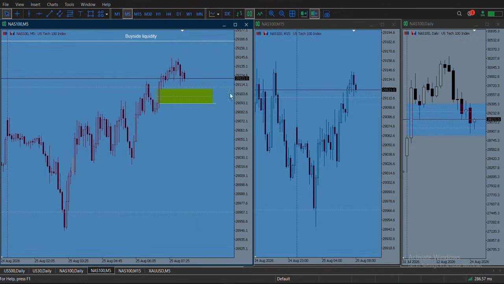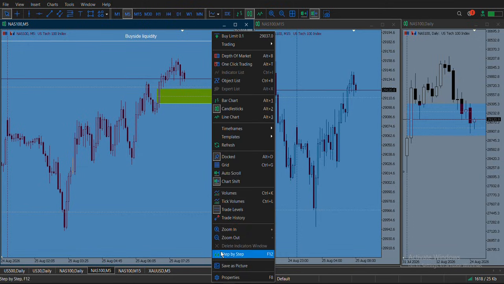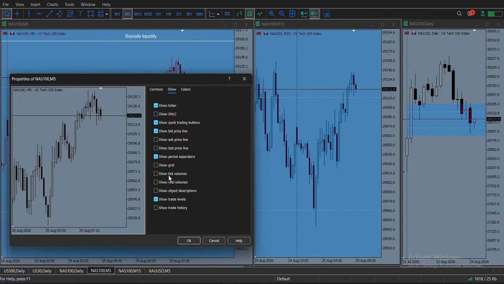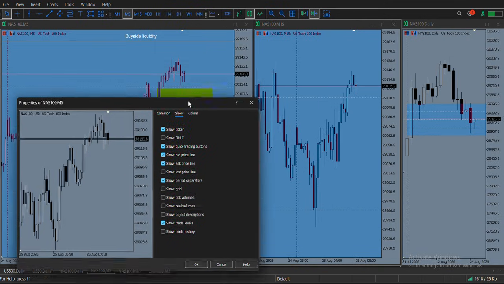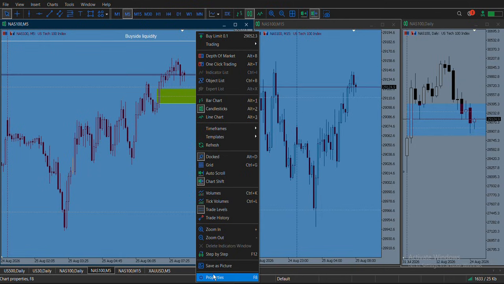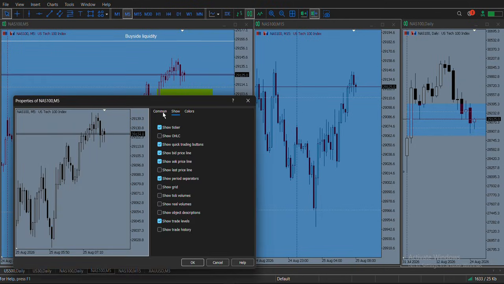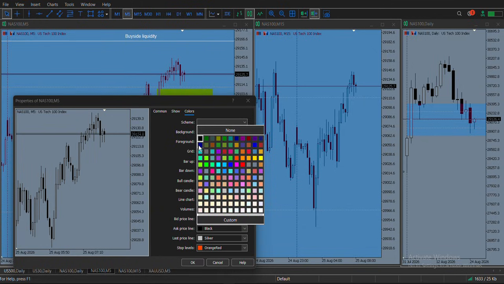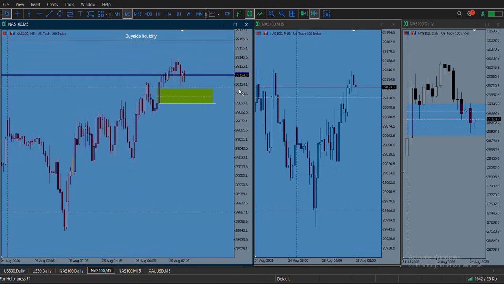We're trading at 117 now. I want to look at the spread here. Let's look at show, bid, and ask. They're all black. Let's make the ask one blue. Right there. So very small spread on this live account.